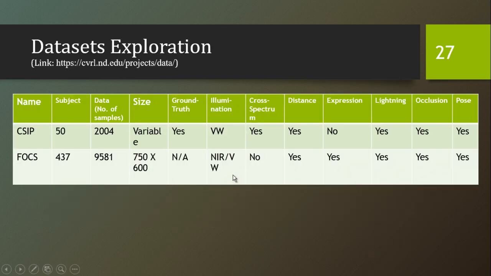This is the first step that I have performed, to explore datasets corresponding to periocular biometrics. I have narrowed down to these two major sets from a latest survey. These are the characteristics of the data, where the first data is cross sensor iris periocular, where they have 50 subjects.